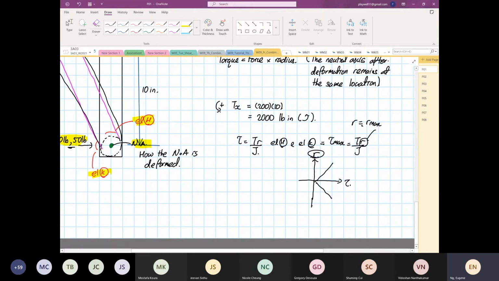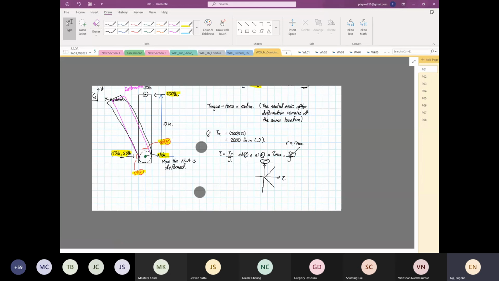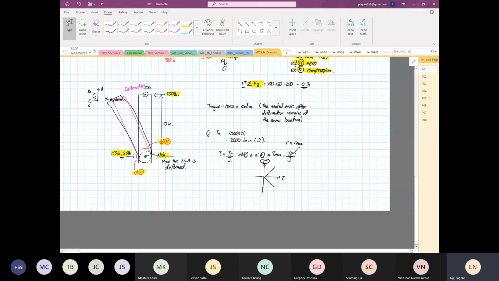That's how we identify our shearing stress induced by the torque. I have not combined all of them yet. Later on we're still identifying what's a moment, what's a shearing force, and what's a torque. Later, when we start constructing an element, we have to combine all the loads together. So now, not yet.